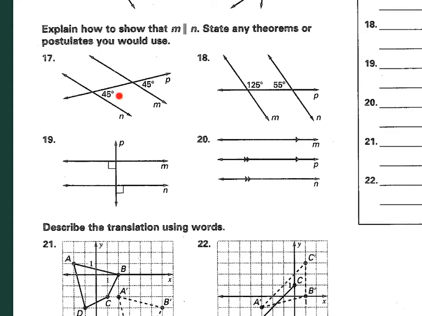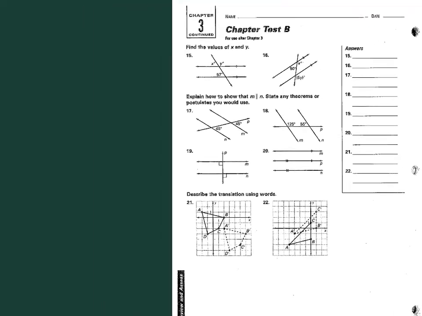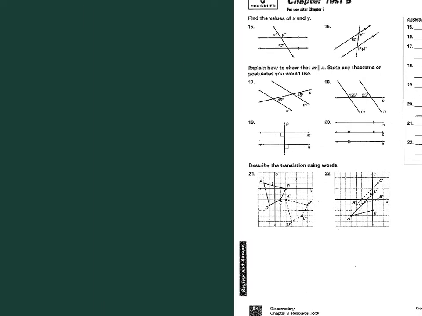So 17, you got an angle here and here. Now M and N are parallel, but how would you explain it? Okay. And again, let me give you a little word bank here off to the side. Okay, I would use either corresponding angles. You could say, is it two lines parallel to the same line?